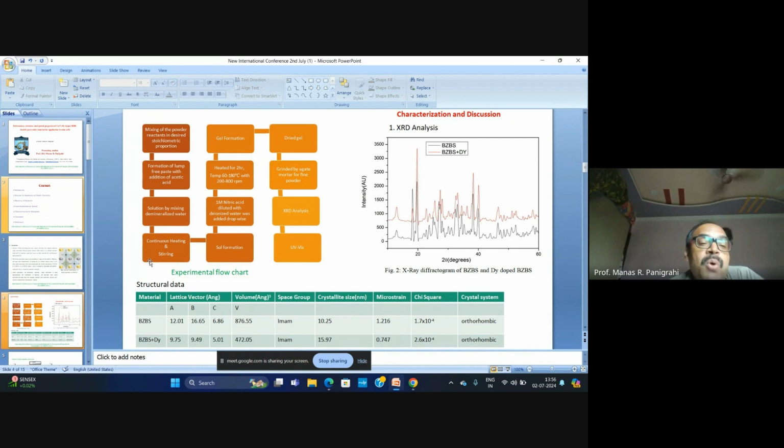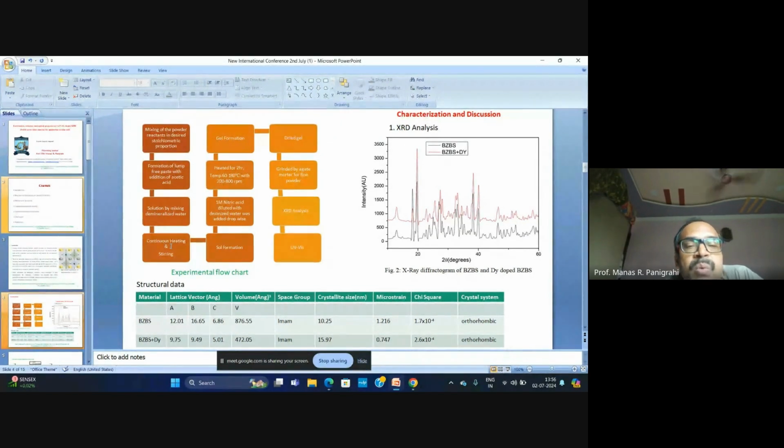Once the sol is formed, we continue heating and stirring for approximately 3 hours at a temperature of, say, 80 degrees centigrade, and we get the sol. A sol means the material settles down and the upper portion, about 3/4 of it, is clear transparent water.